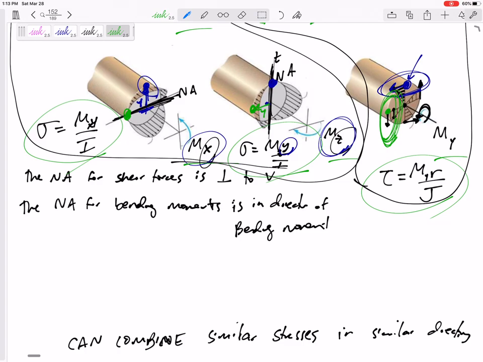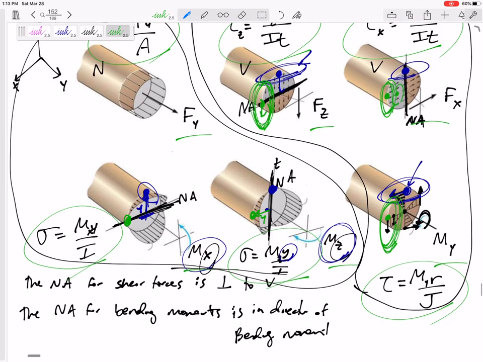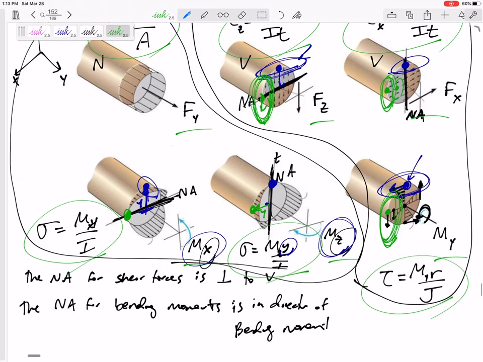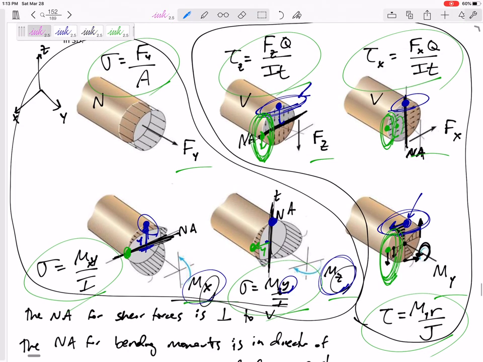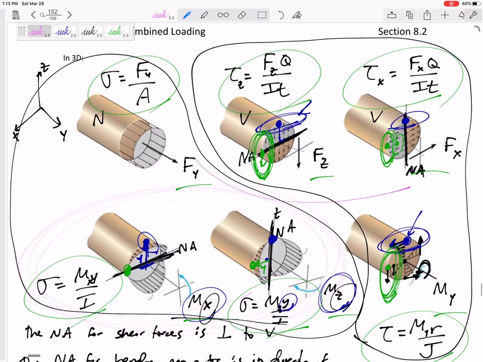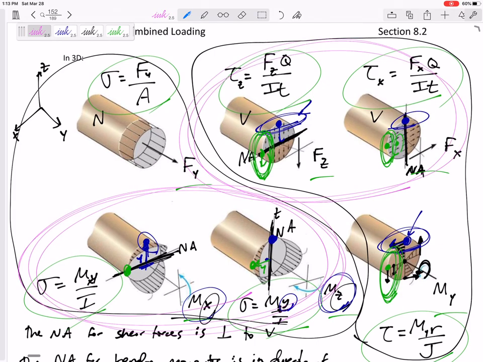Let's think about these neutral axes, because I think these are going to be the hardest ones right here. These 2 bending moments and these 2 shear forces, they're the hardest ones. In fact, these are going to be easy.